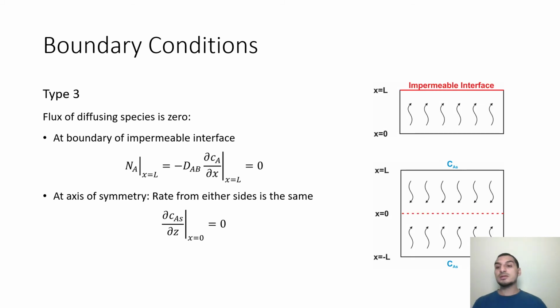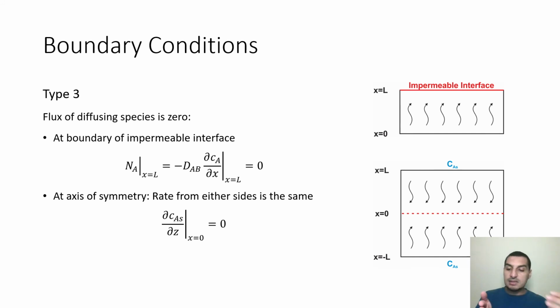The third case is related to the flux, or cases when the flux equals 0, and this takes place in two cases. First, if we have an impermeable interface. So we said earlier that there might be a solid material that has permeability to a gas, but it might be impermeable to other gases, so it's not allowing another gas to diffuse through it and go to the other side.